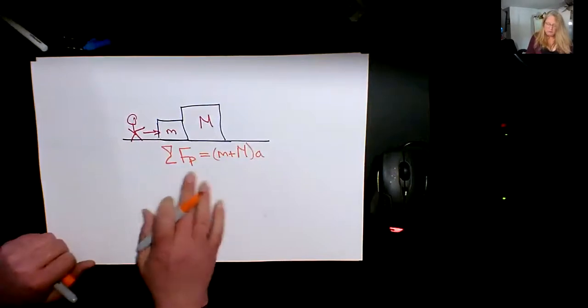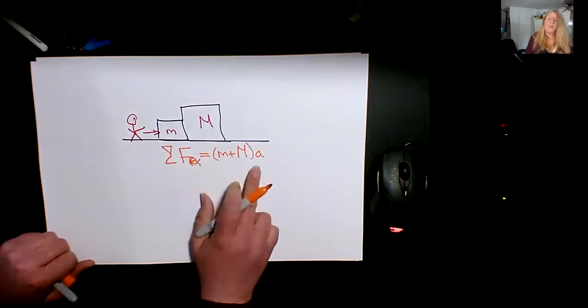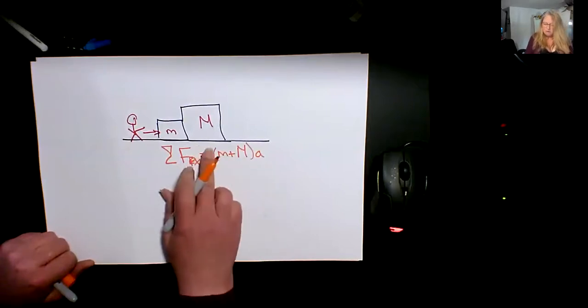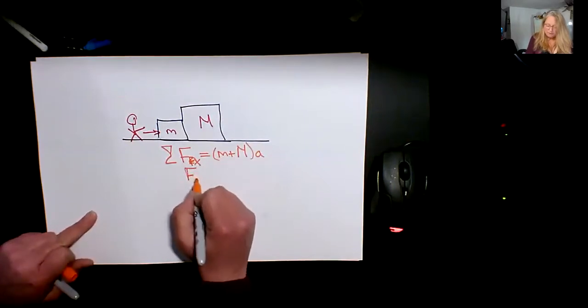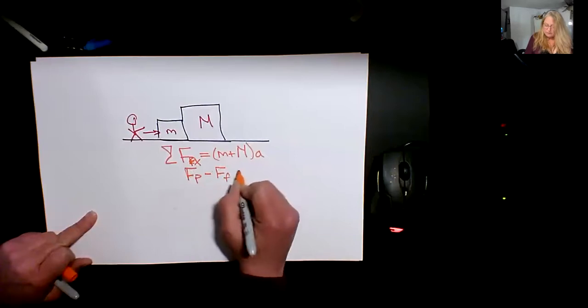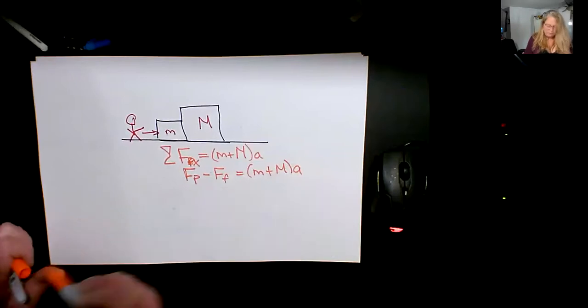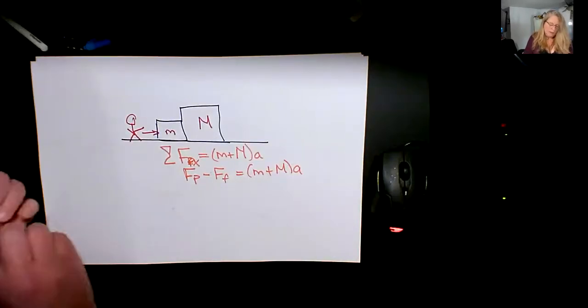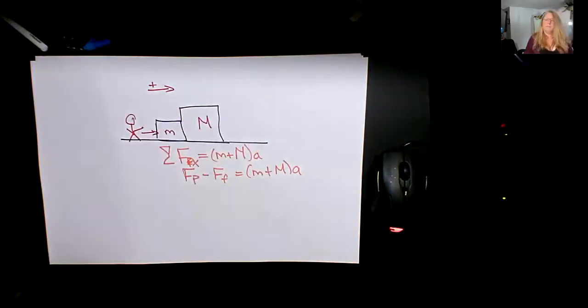So the sum of my forces, let's call this in the X, is going to give me some sort of acceleration. Now with friction, that means in my X I'd have a force push minus the force of friction equals little mass plus big mass times acceleration. And that has me defining this way as positive.